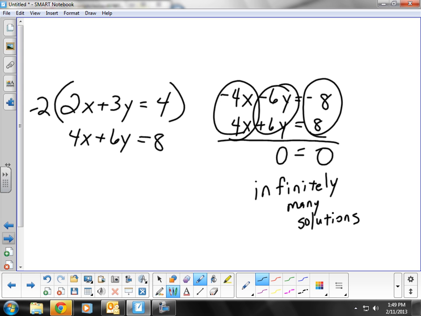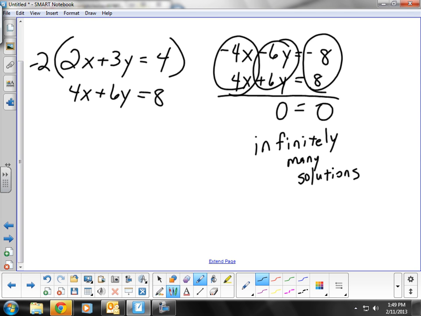Now let's think about that other example we talked about where we had 2x plus 3y is equal to 4 and 2x plus 3y is equal to 5. That one that y'all gave me a while ago. Let's say you didn't remember that that's parallel lines because you didn't think about it, because you're just busy. You've done 25 of these problems and you weren't thinking ahead. You're just cranking them out, right?